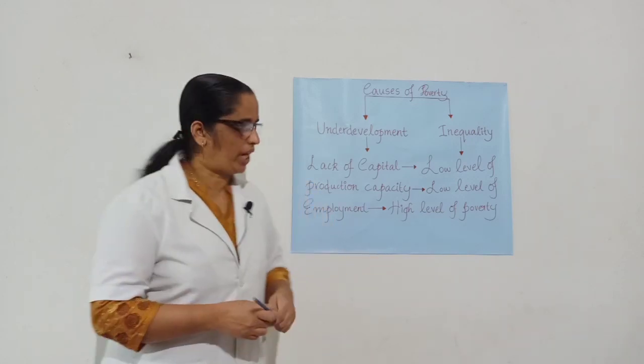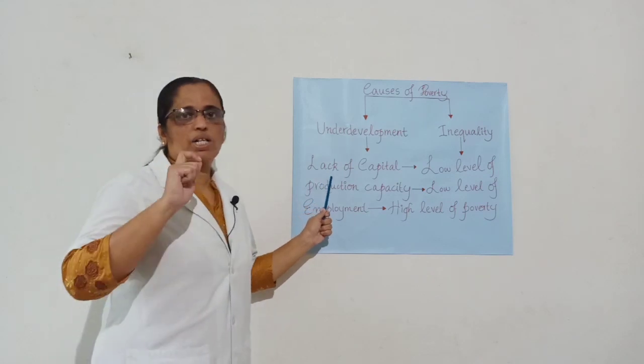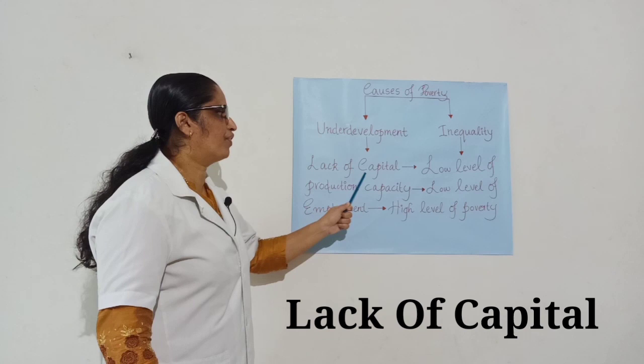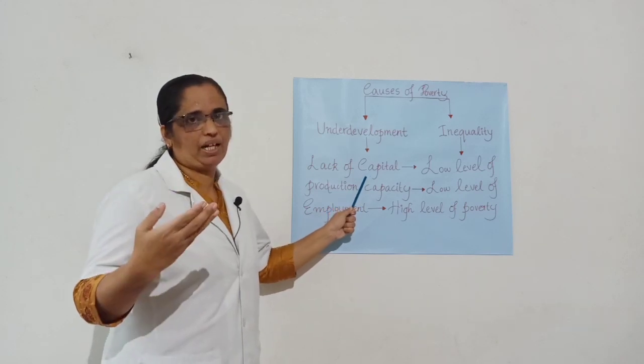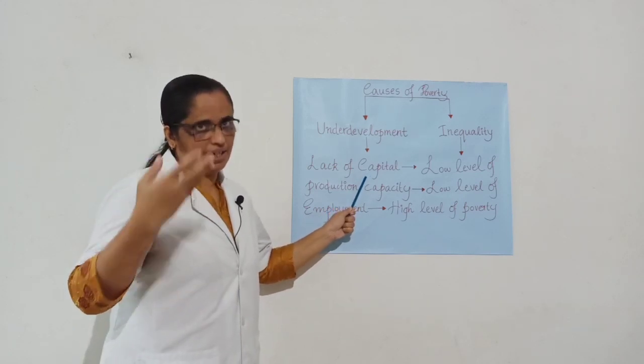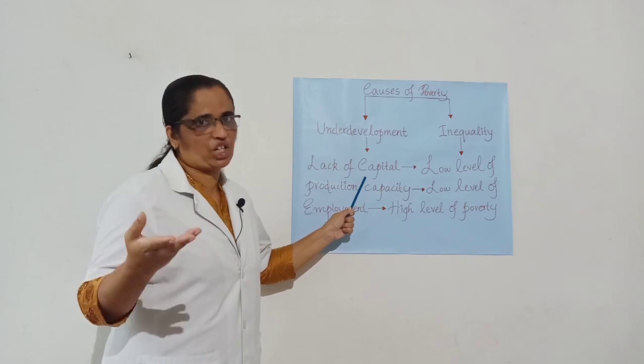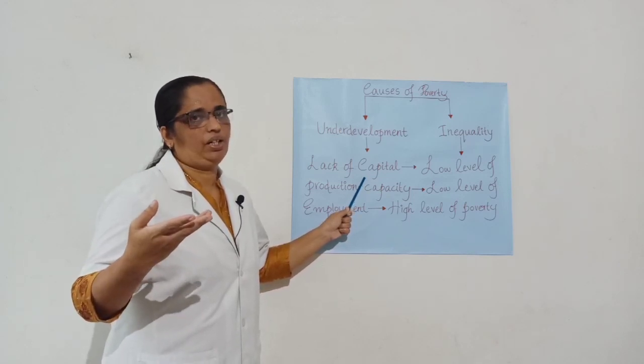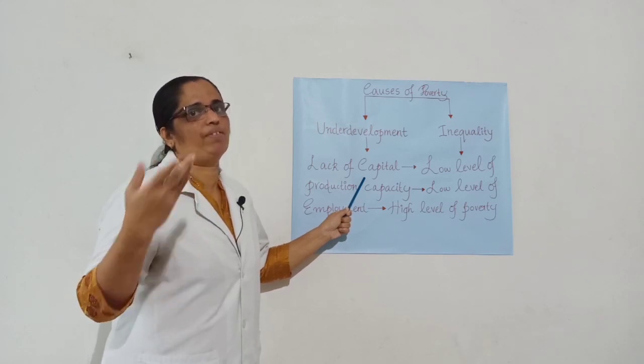Isn't it? Our structural problem is lack of capital. What do you mean by capital? That is investment or capital formation. It is very essential for accelerating the process of growth and development.